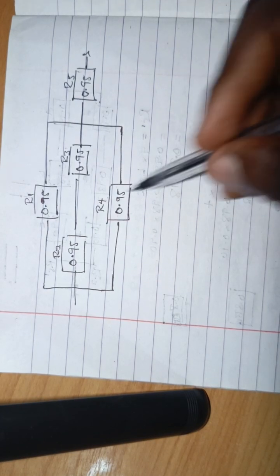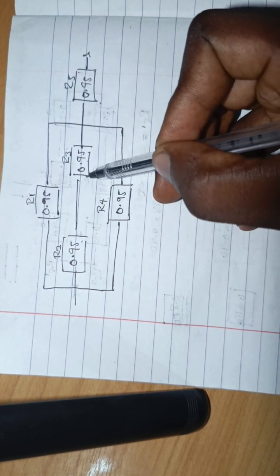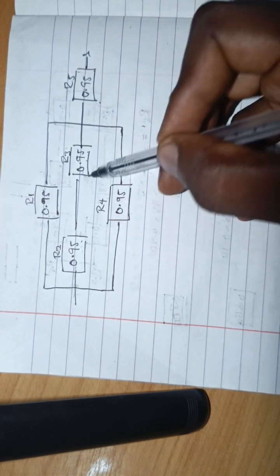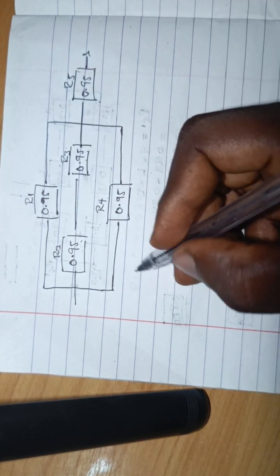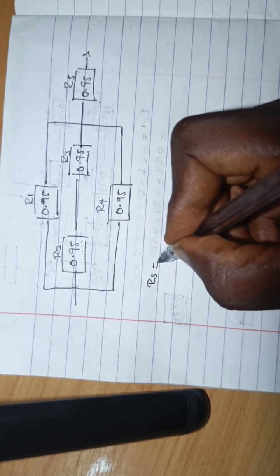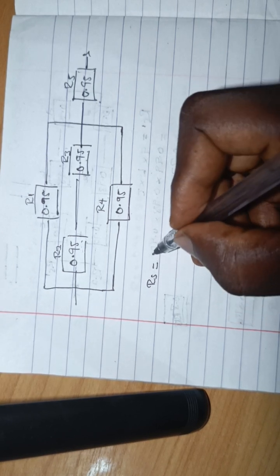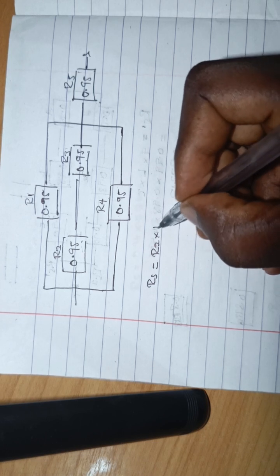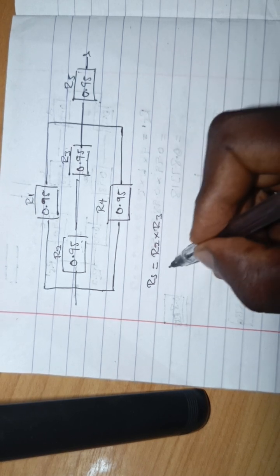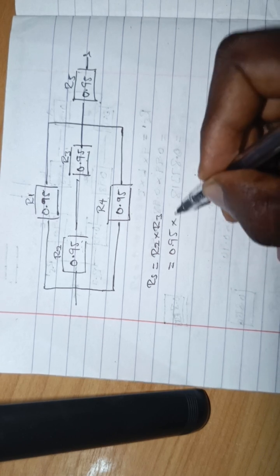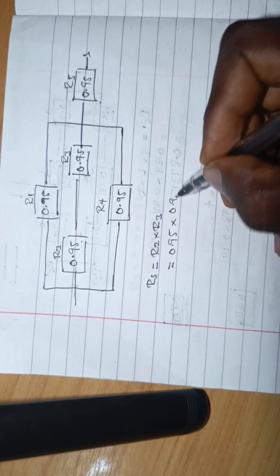First thing we'll do is multiply these two because they are in series. We are doing the one in the box first. So the system reliability for R2 and R1 will be 0.95 times 0.95.